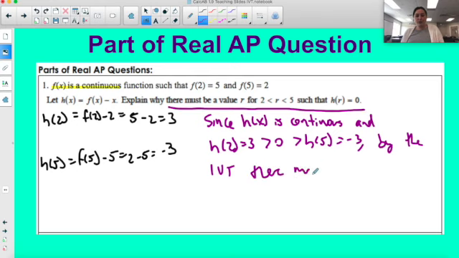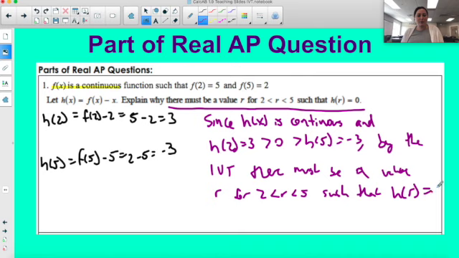There must be a value, sorry, my handwriting's really messy, r for 2 is less than r, which is less than 5, such that h of r equals 0. Okay, so since the function is continuous and 0 is between 3 and negative 3, by the intermediate value theorem, there has to be a value r between 2 and 5 such that h of r is 0.